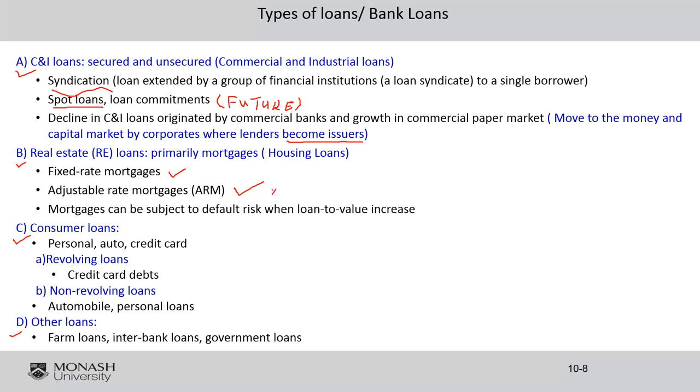Most of the loans in this country are adjustable rate mortgages, where they give you the loan, but the rate keeps changing as the basic lending rate, the risk-free rate, changes. So if the government changes the basic rate, then you expect this rate to change.